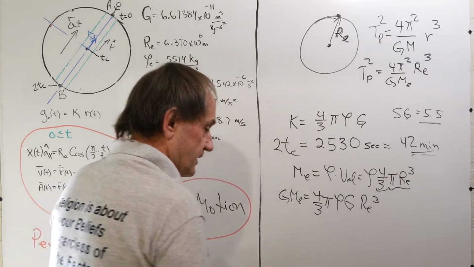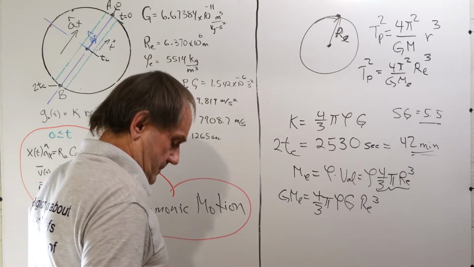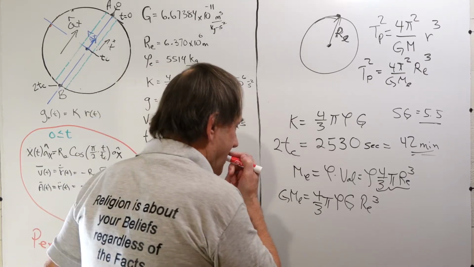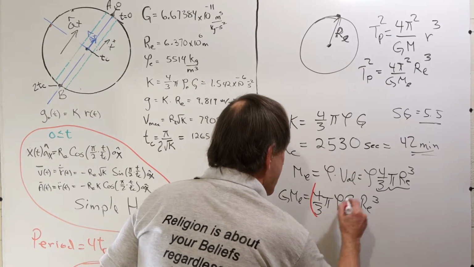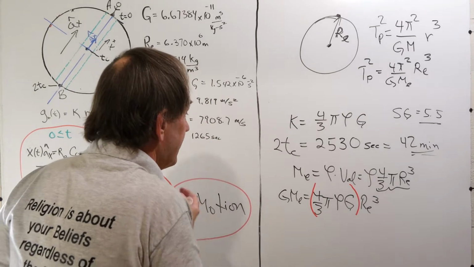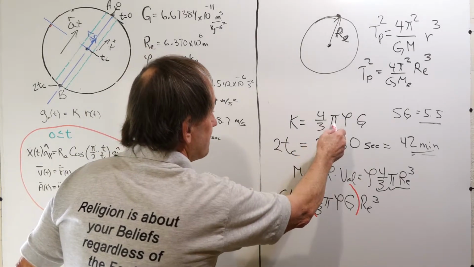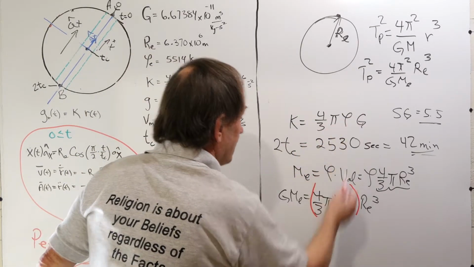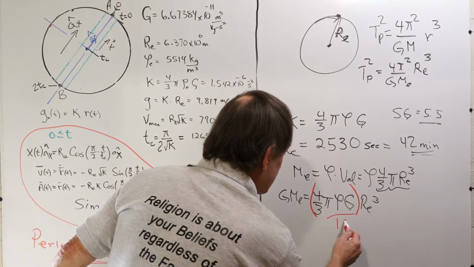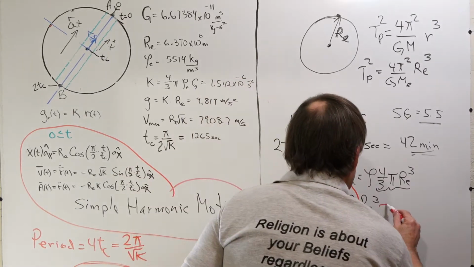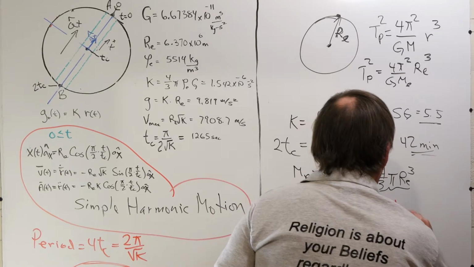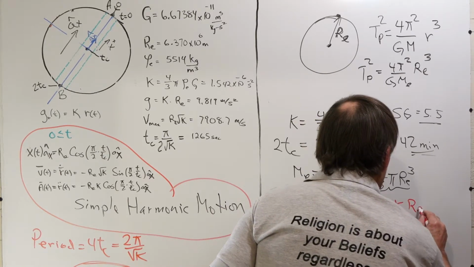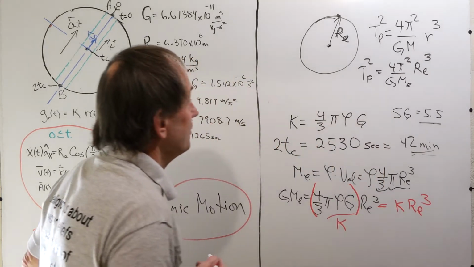Now this portion here is our K. K is 4/3 pi density times G. So G times the mass of the Earth is K times the radius of the Earth cubed.